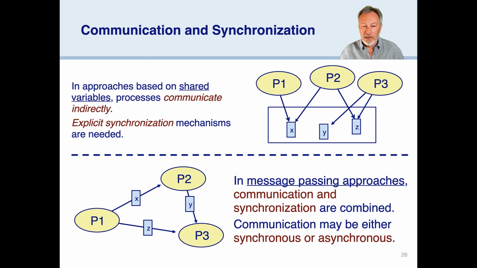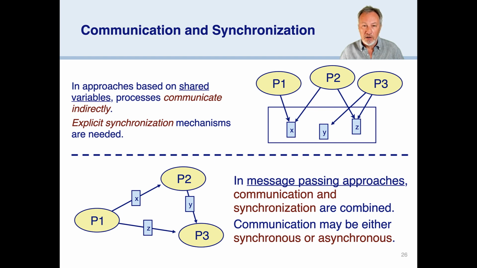So in this particular case, for example, P1 can send a message X to P2. In the process of sending it, P1 no longer has it and P2 acquires it. So there's no point where P1 and P2 can access the resource X at the same time. Similarly, P2 and P3 and P1 can all communicate with each other by sending information as messages. So as a consequence, communication and synchronization are bundled together in a single mechanism.